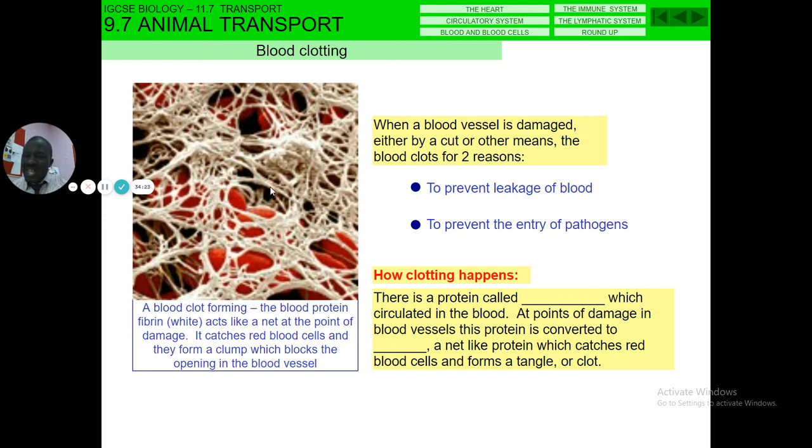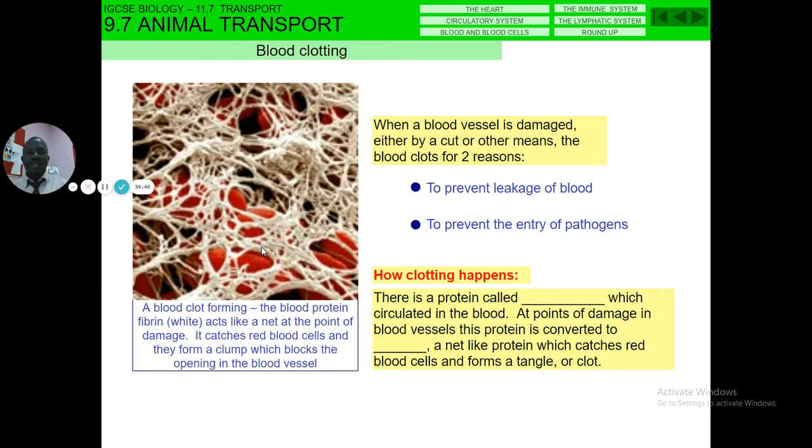To prevent blood from oozing out, because once you lose your blood, you become anemic. Or to prevent entry of pathogens from outside into the body. So these are the two reasons why we need blood to form a clot.